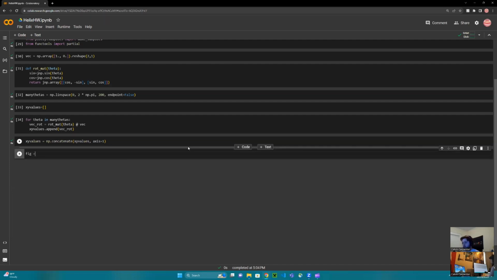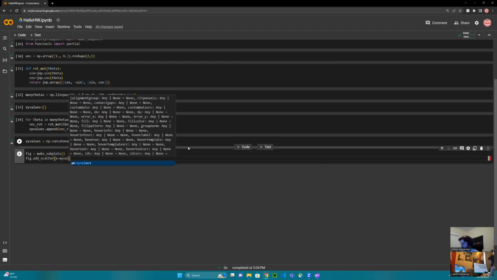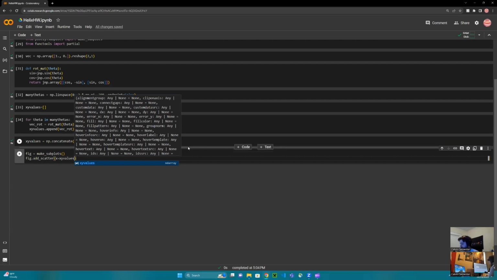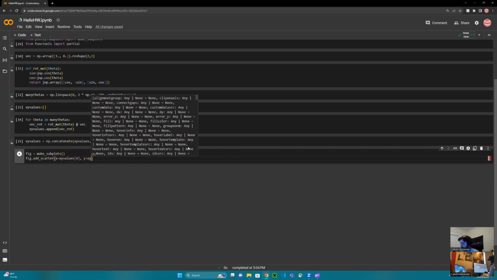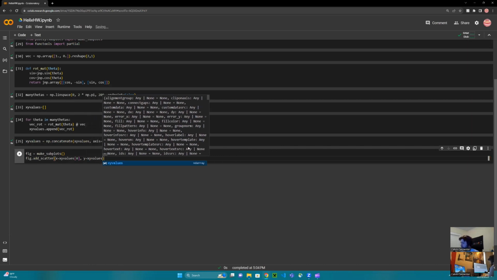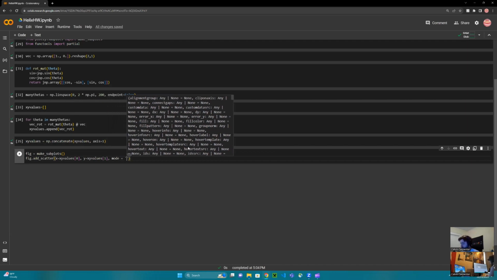So fig equals make_subplots. Fig dot add scatter. We're going to have x equal XY values at 1 or 0, and then y is going to equal XY values at 1, with mode markers.